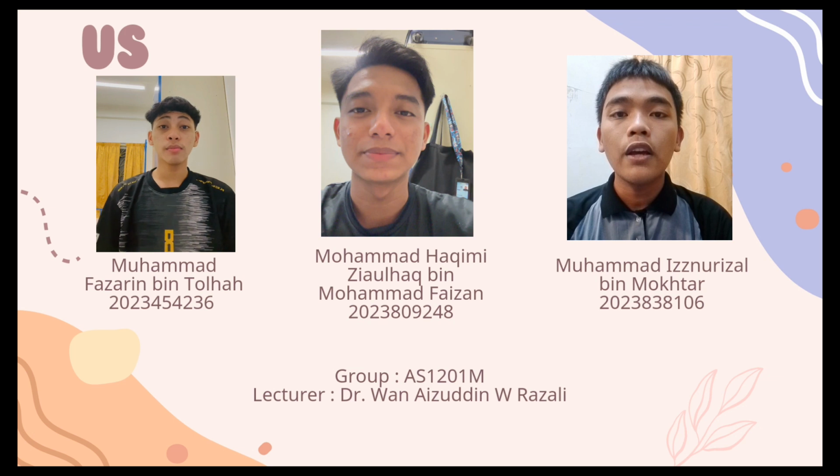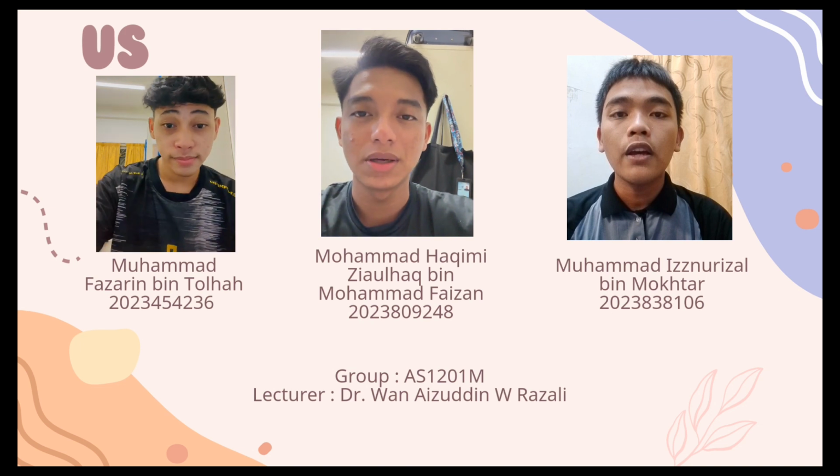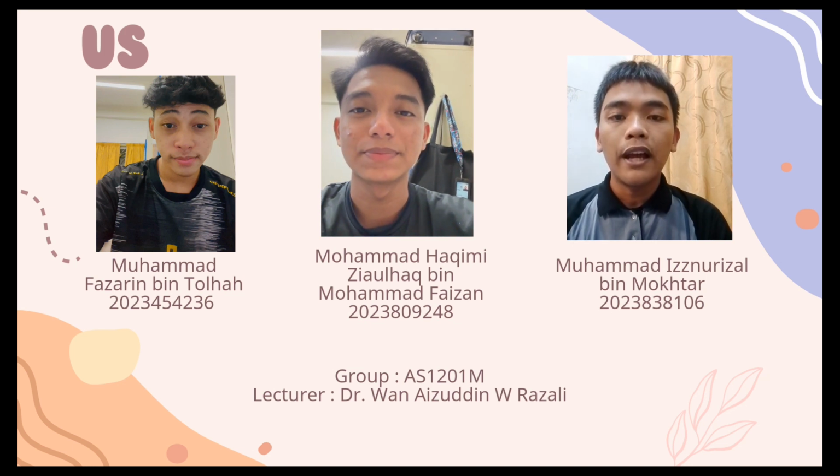My name is Muhammad Fazarin bin Talha and my metric number is 2023-454-236. My name is Muhammad Hakim Riza Ul Haq bin Muhammad Faizan. My student ID is 2023-809-248 and I'm from class 1M. Hi, my name is Muhammad Iznurizal bin Mokhtar.